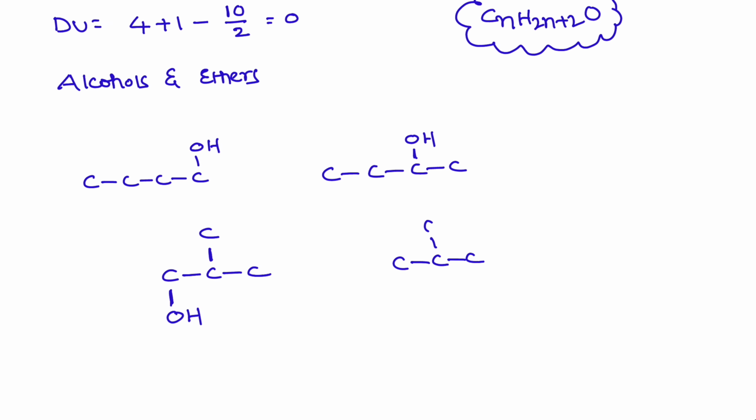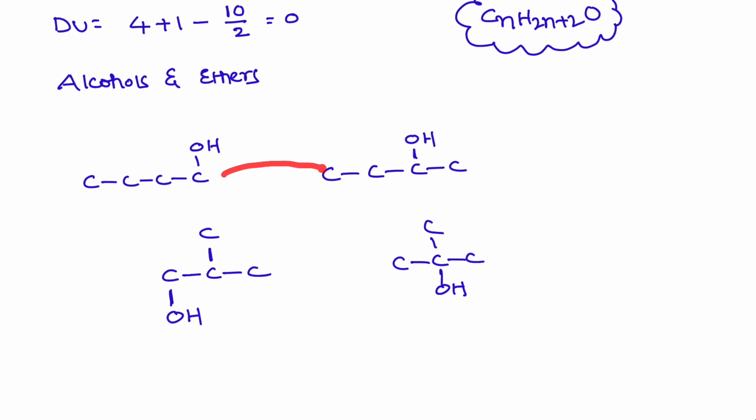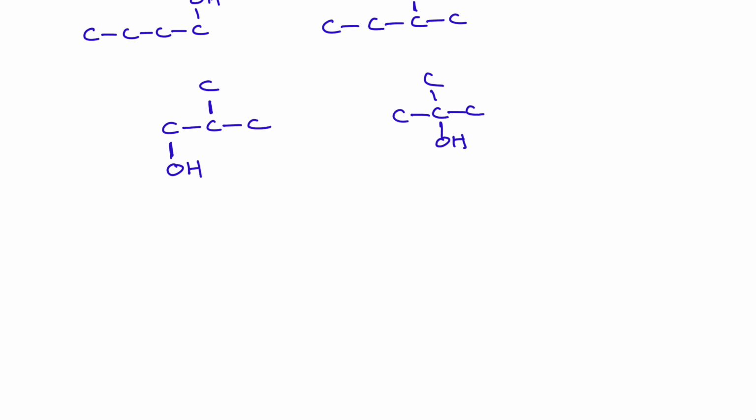Therefore, this will be a different alcohol. So these are the possibilities. 4 carbon chain, positional isomer, 3 carbon chain and positional isomer. So these two are positional isomers, these two are chain isomers, these two are chain isomers, these two are positional isomers, and these are the 4 alcohols possible.